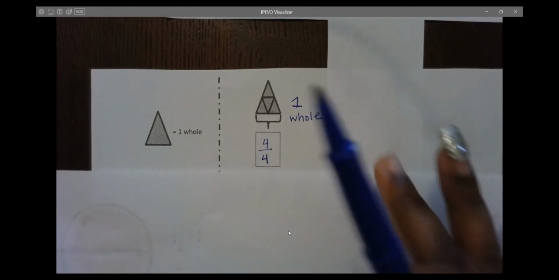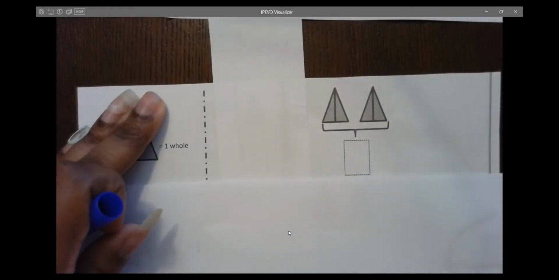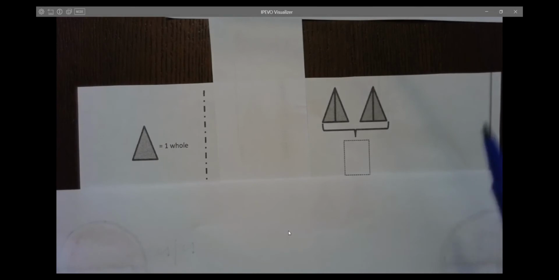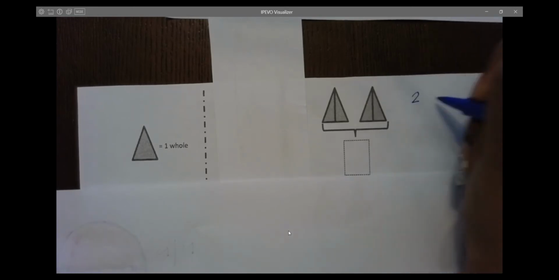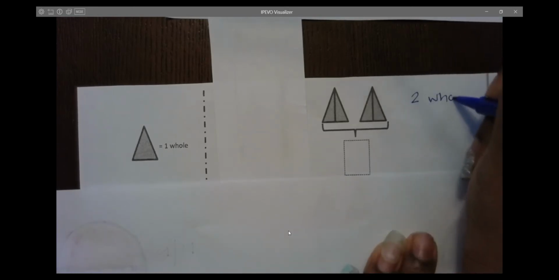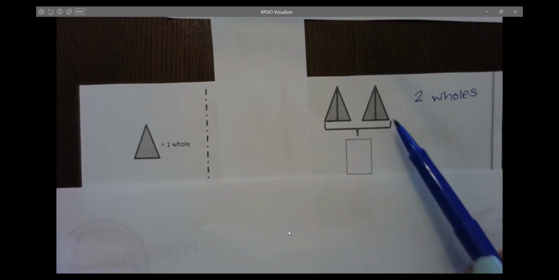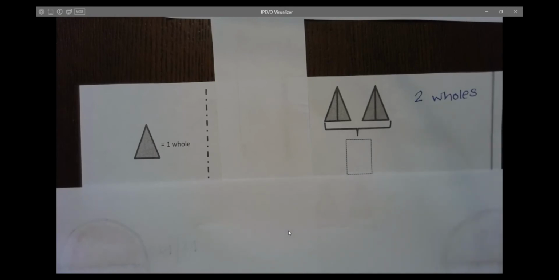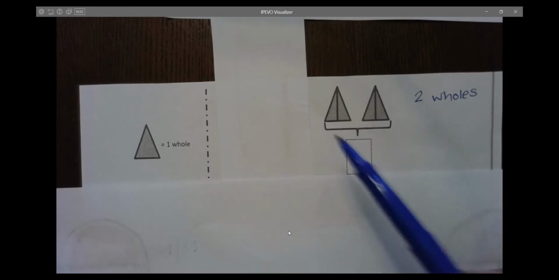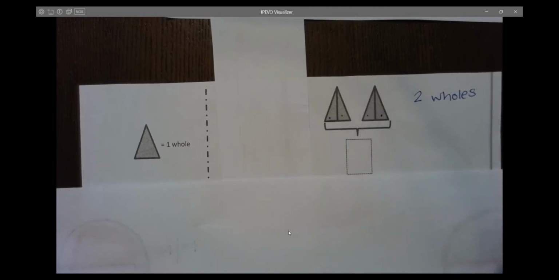Let's try it again with a different one. Now, right away, how many wholes do we have here? We have 2 wholes. See if you can find the numerator and the denominator for the fraction for these 2 wholes. So we have 1, 2, 3, 4 pieces that are shaded.